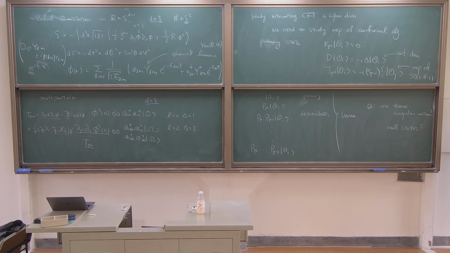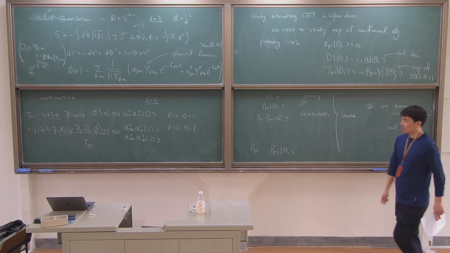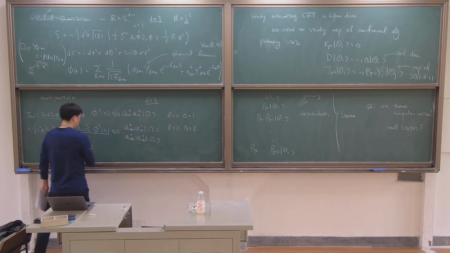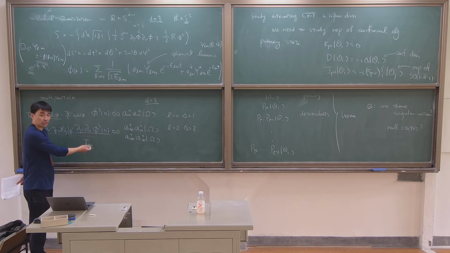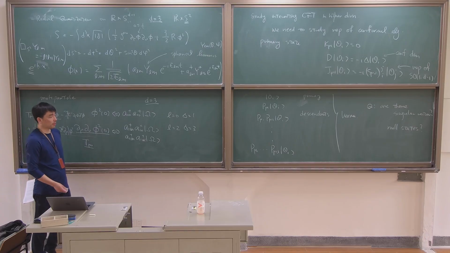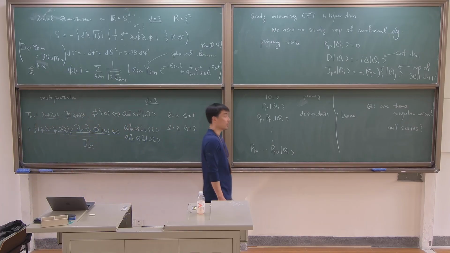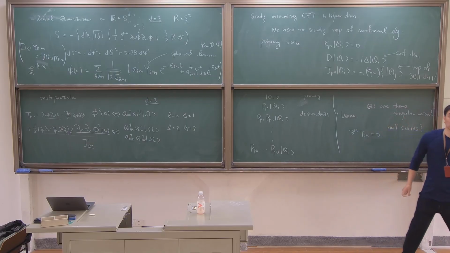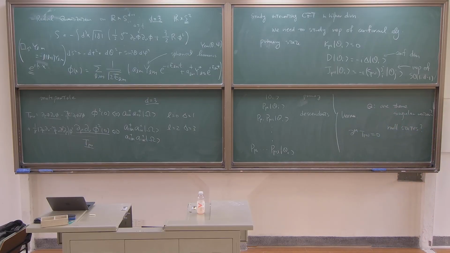For instance, we know some linear combination of these will give you T_mu nu, the stress energy tensor in a free theory. But we know that the stress energy tensor will obey this kind of equation of motion.